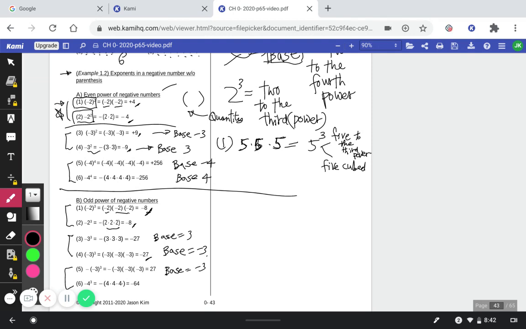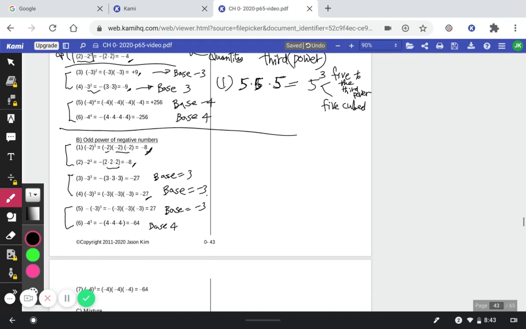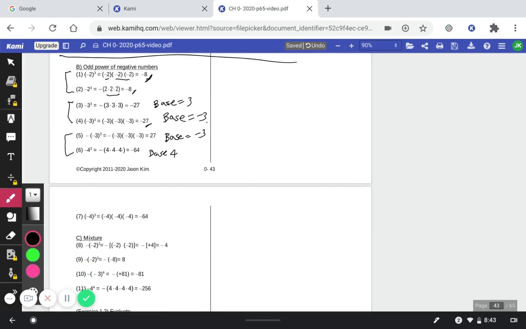Number 6, negative 4 to the third power. In this case, the base was 4. So you have 1 negative and 4 times 4 times 4, which becomes negative 64. Number 7, the quantity of negative 4 to the third power. That means negative 4 times negative 4 times negative 4, which is negative 64.